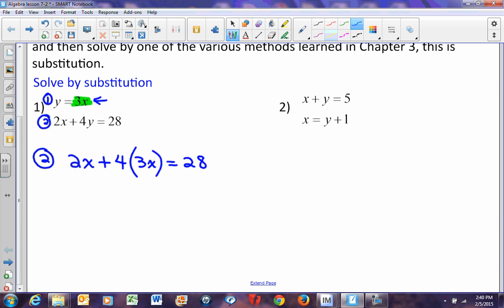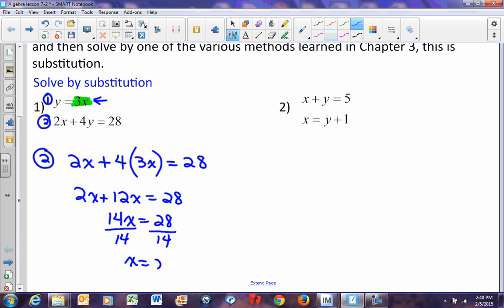Now that entire equation is in terms of x. There are no y's in this equation at all. So I have 2x plus 4 times 3, which is 12x, equals 28. 2x and 12x is 14x. 14x equals 28. To solve for x, divide by 14.